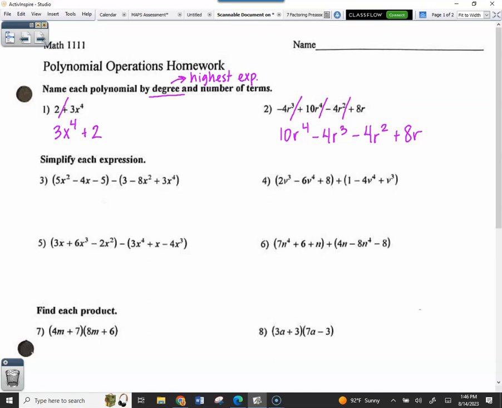When it's addition, like in this case, it's as simple as finding the like terms and just combining them. Like terms have to have the same variable, same exponent, every time. So b cubed, b to the 4th, nothing, nothing, b to the 4th, b cubed.